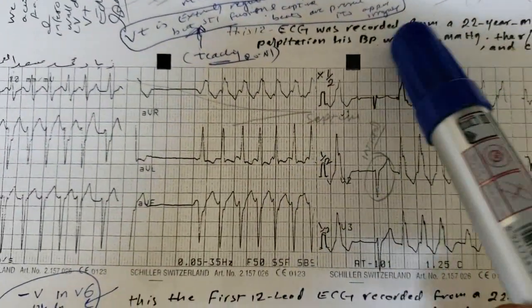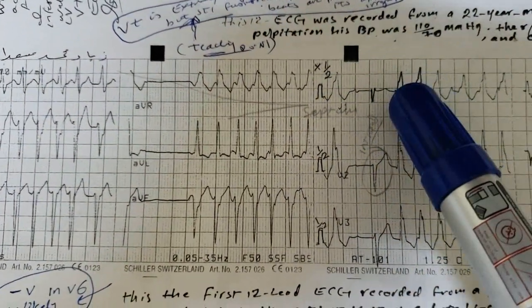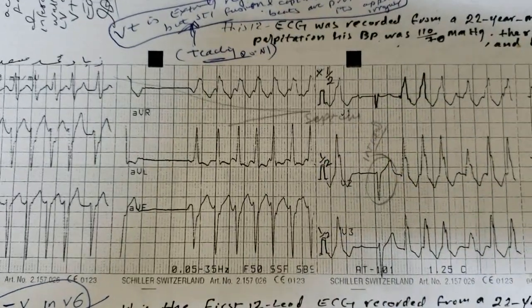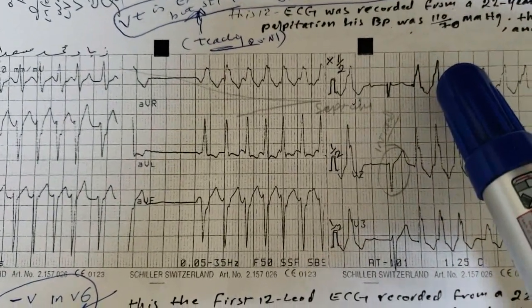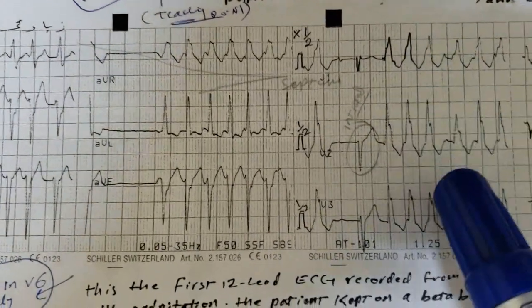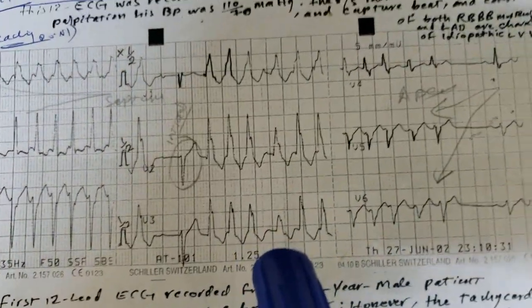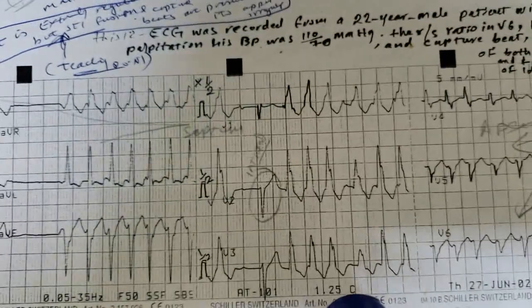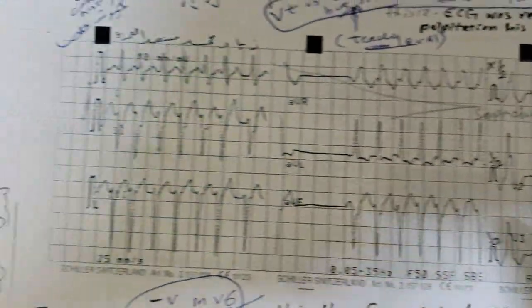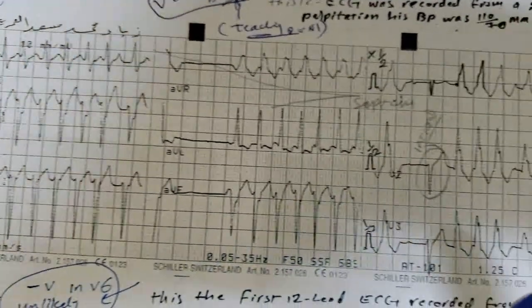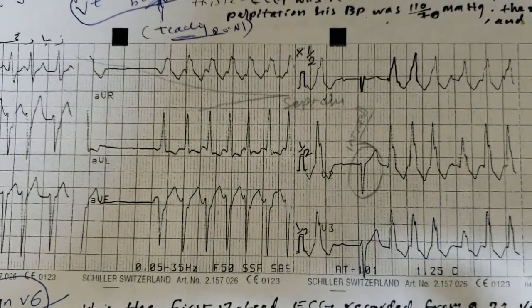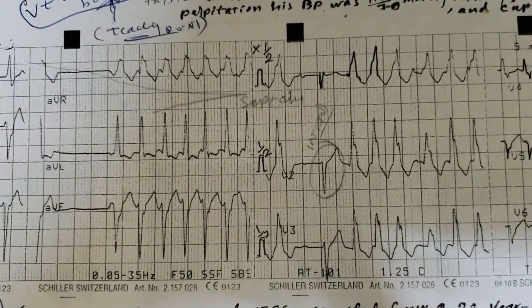Initially, the presence of an R wave in V1, right bundle branch block-like, and some irregularity inside the QRS complexes confused us. What is this? It is relatively narrow.